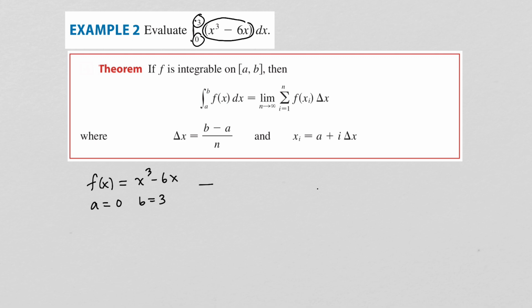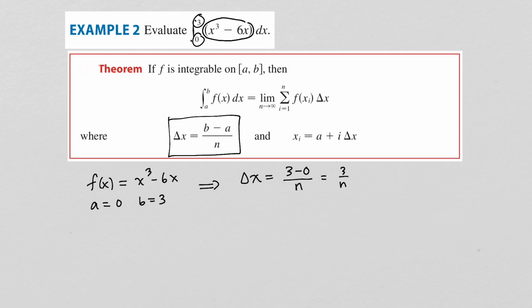So what we need to do now is find delta x for these values. Now, delta x is right here. It is b minus a divided by n. Well, b is 3, a is 0, but divided by n is going to stay divided by n. So there is no specific value for n here. And of course, this simplifies to 3 over n.